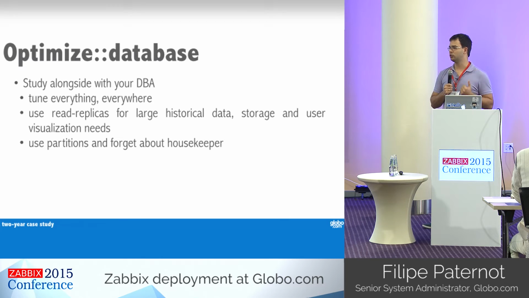Whatever you can do to tune the Zabbix database, do it together. Get some material from the web, from the training course. There are some nice tips there. So work close to them and do that. That problem that I showed earlier, we solved with read replicas. How did we do that?